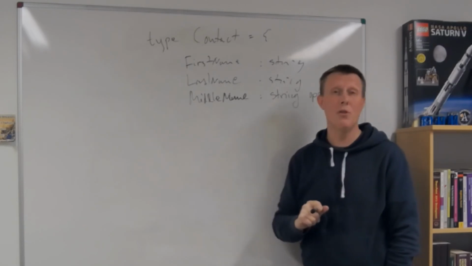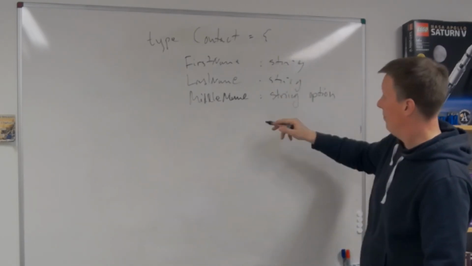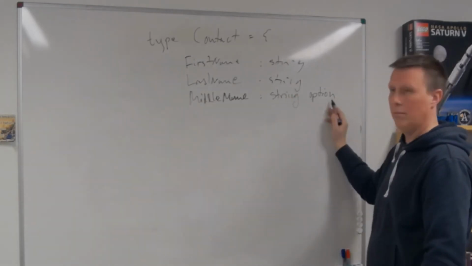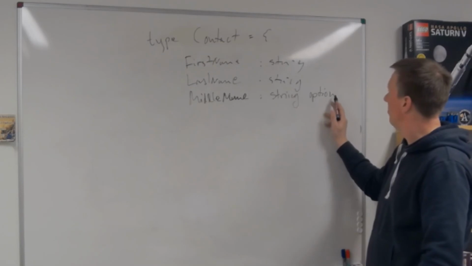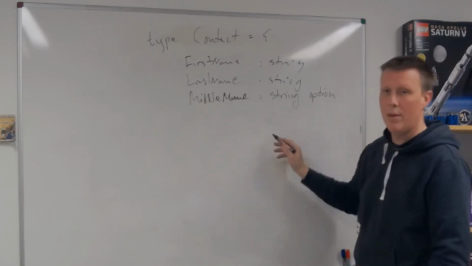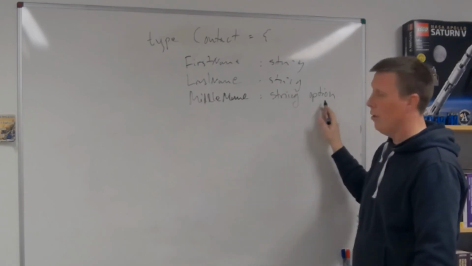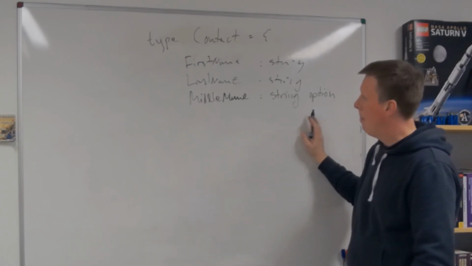So now it's optional, and when you read this, you don't even have to be a programmer to read this. You will see that this is optional. And now you need to check whether it contains some value, some middle name, or it's none.